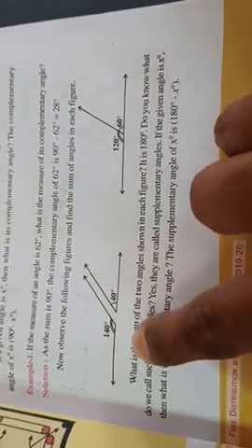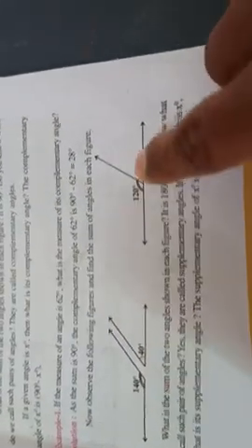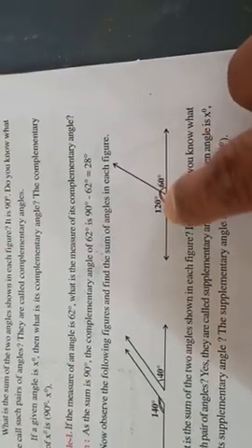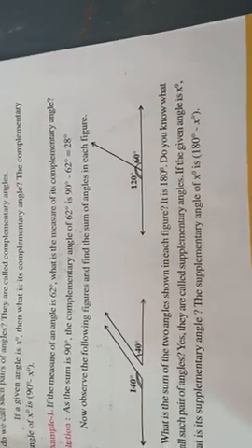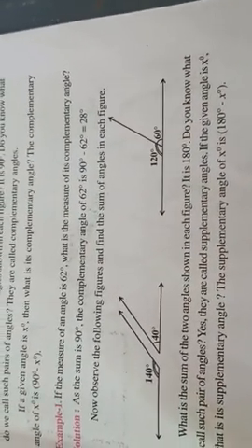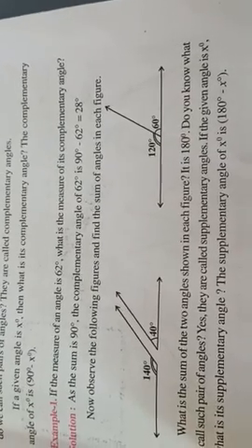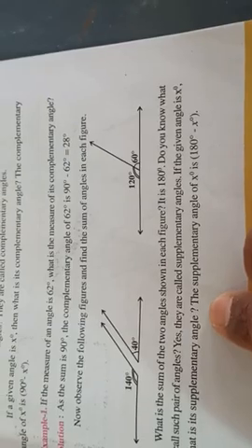Now observe these two angles. 140, 40. What is the sum? 180. Now observe this figure. Add the two angles. What is the sum? 180. So what do we call it when the sum is 180? When the sum of two angles is 180 degrees, we call those angles supplementary angles.